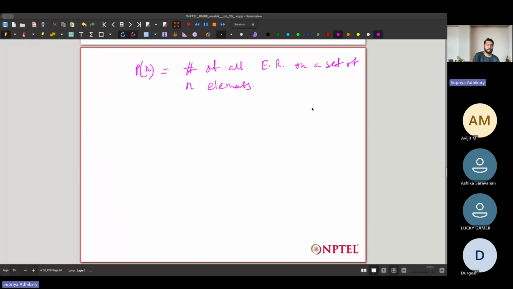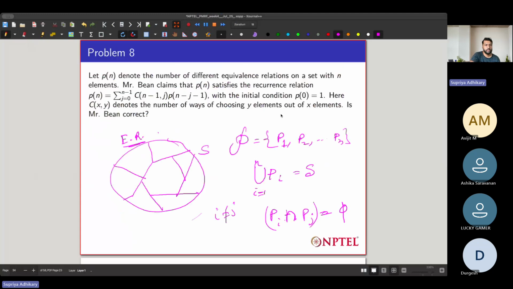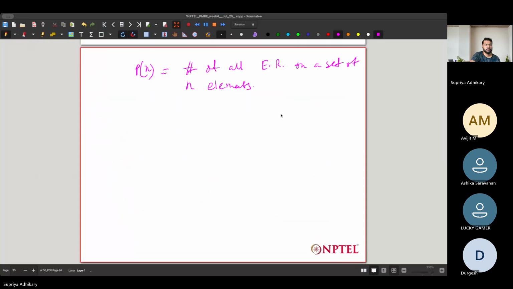Now, what we have to show is that, okay, Pn is given as this. As we already know, the number of equivalence relations is basically equal to the number of partitions of this.